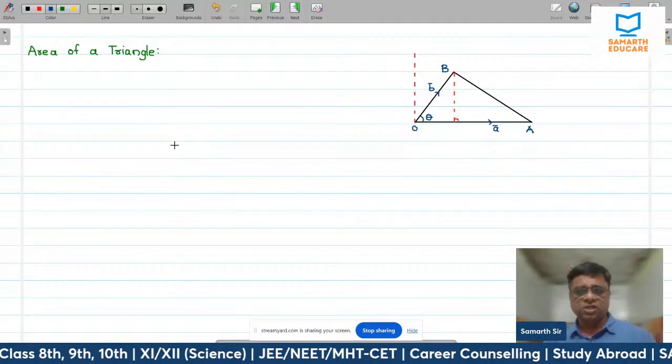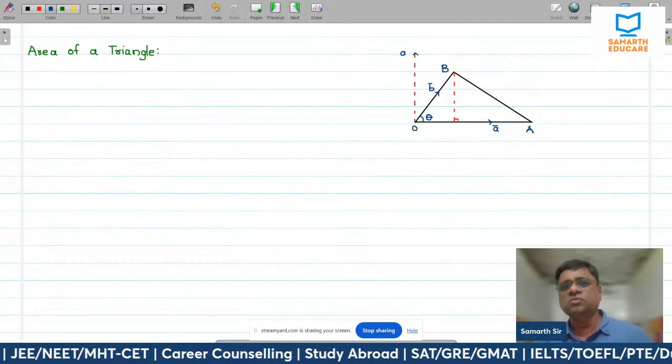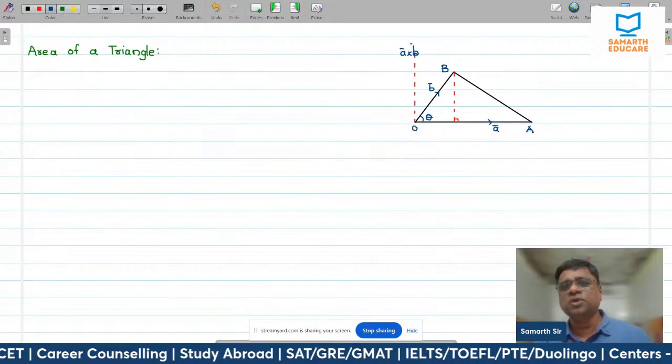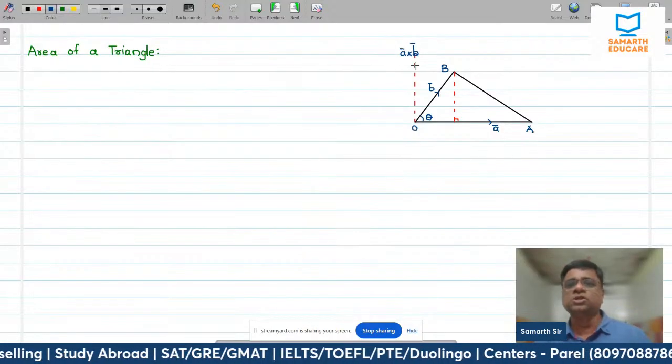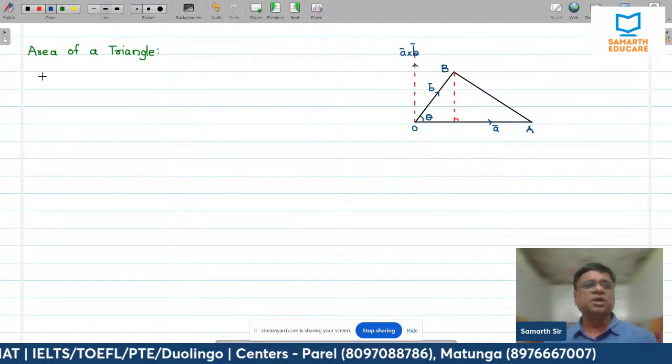Okay, if you have understood the diagram, let's begin. This will again be A bar cross B bar. A bar cross B bar is always perpendicular to A bar and B bar. So once you understand the diagram, let me begin with the proof.